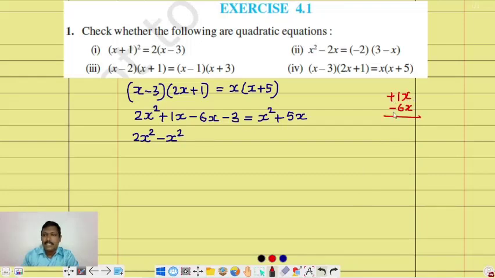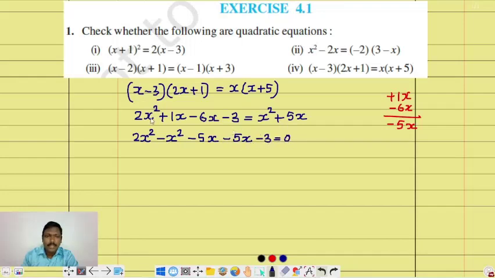Positive and negative we are adding here, so take the difference. Difference is 5, and the bigger number's sign is minus, so minus 5x. And that plus 5x you have to bring this side, then it will be minus 5x, then minus 3 is equal to 0.